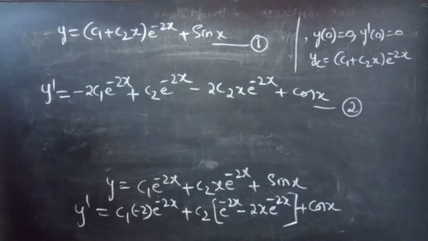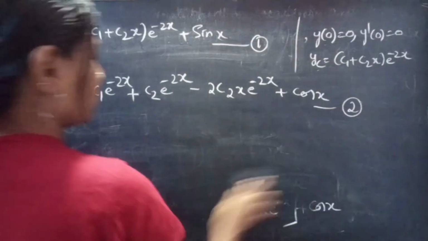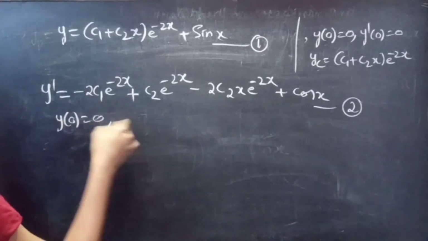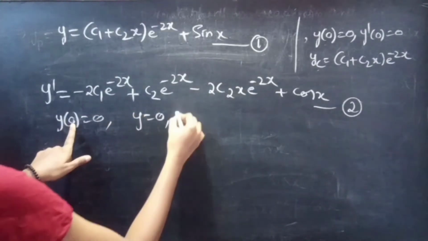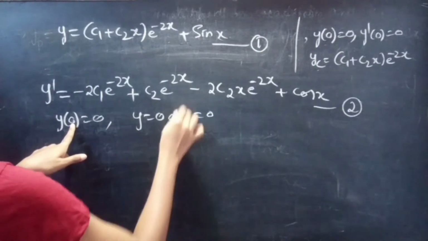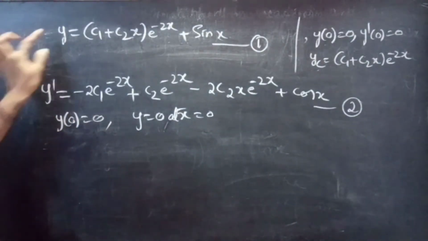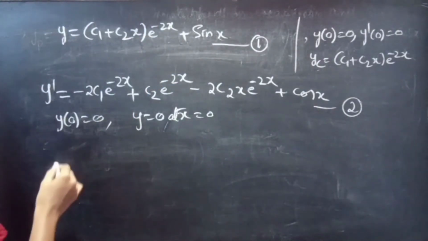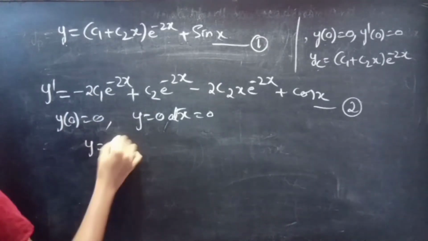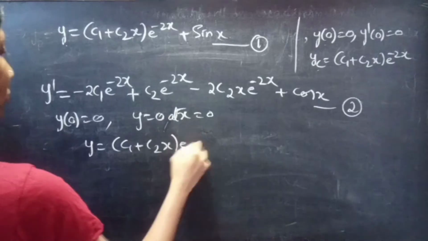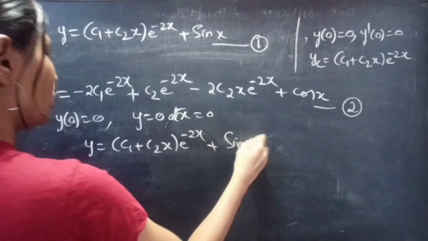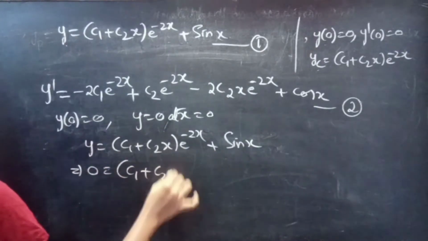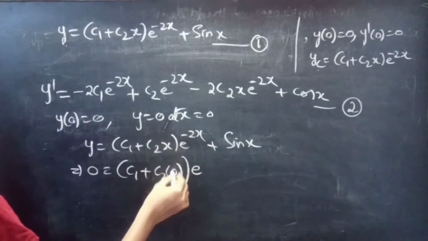Now let's use the given initial conditions. The first condition we are given is y at 0 equals to 0, which is nothing but y equals to 0 at x equals to 0. So we need to consider equation 1, which is in y and x, right? Now put y equals to 0 and x equals to 0. Just replace x by 0 and y by 0.